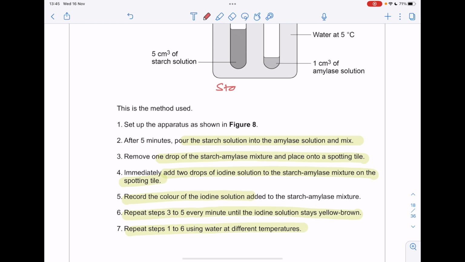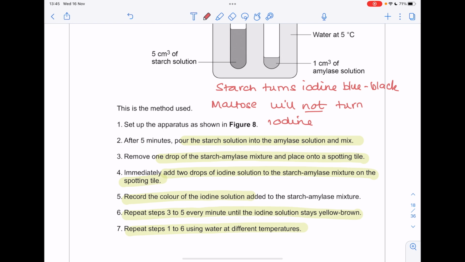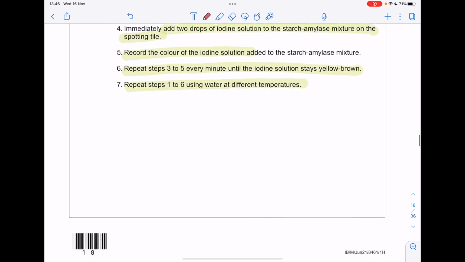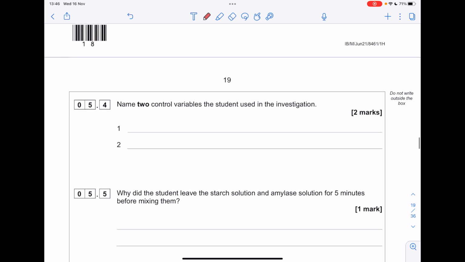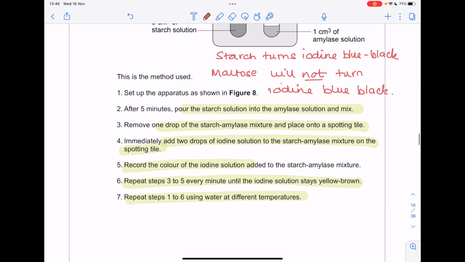A few things to point out. Remember that starch turns iodine blue-black. And that means if starch has been broken down into maltose, maltose will not turn iodine blue-black. Name 2 control variables that the student used in the investigation.